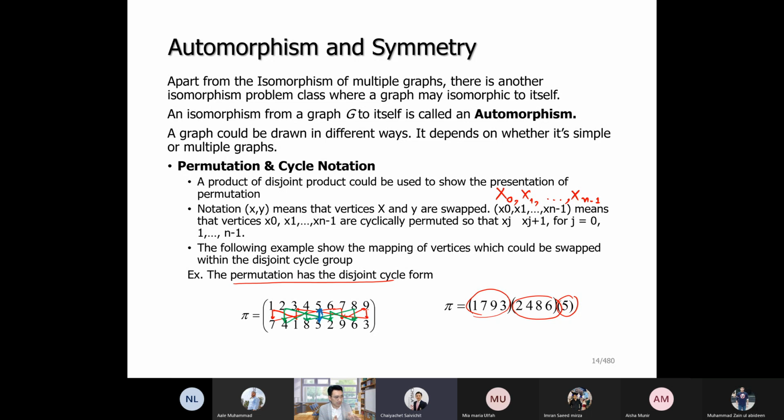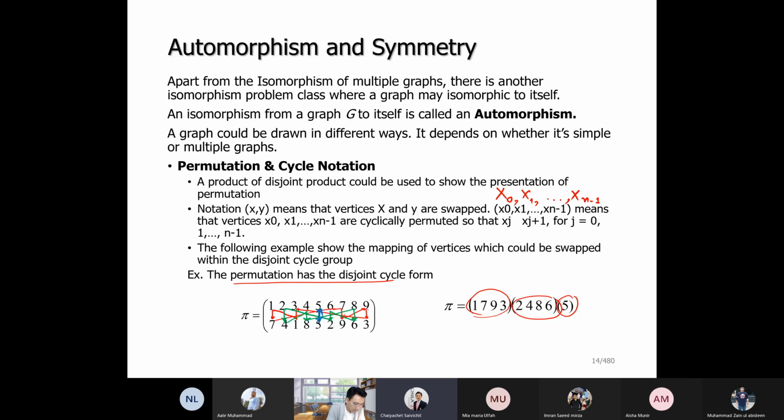You can see that here in this example, the arrangement of the labels has come up as 3 different cycles. 1793 is a swap among these 4, and 2486 is a swap among these 4 in the cycles.